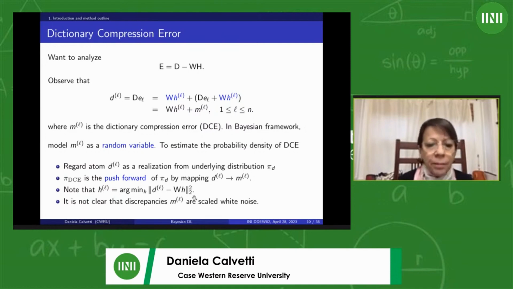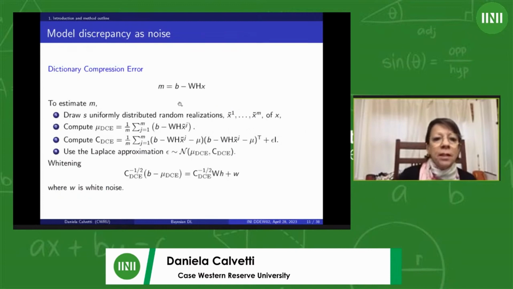It's not clear what these errors are, but it's also very interesting to look at them because typically they are very different from scaled white noise. But we can produce a bunch of these realizations of the dictionary compression error, and we compute the sample mean and the sample covariance.